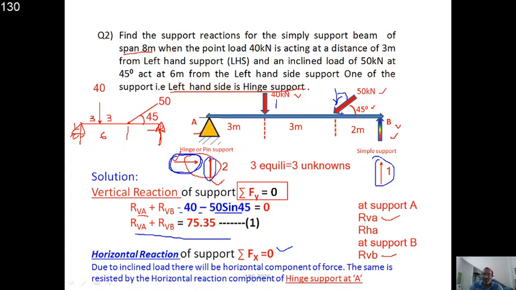The inclined load gives a horizontal component, which is opposed by this reaction. The horizontal component of the inclined load is 50 cos 30, therefore RHA should be equal to 50 cos 30.